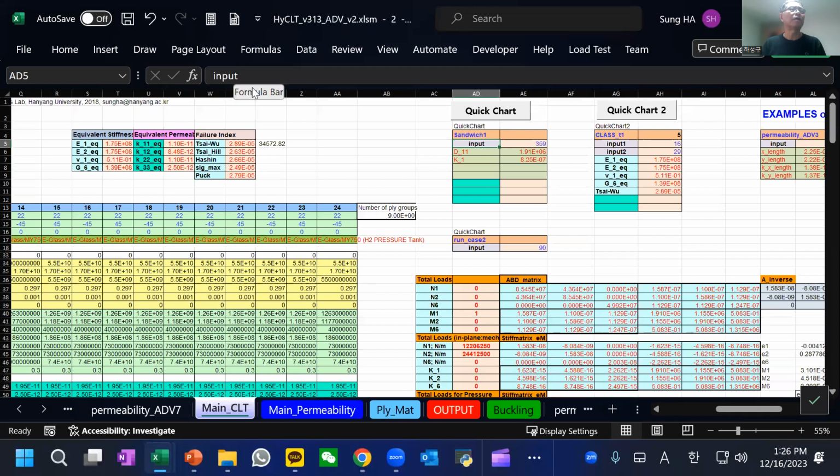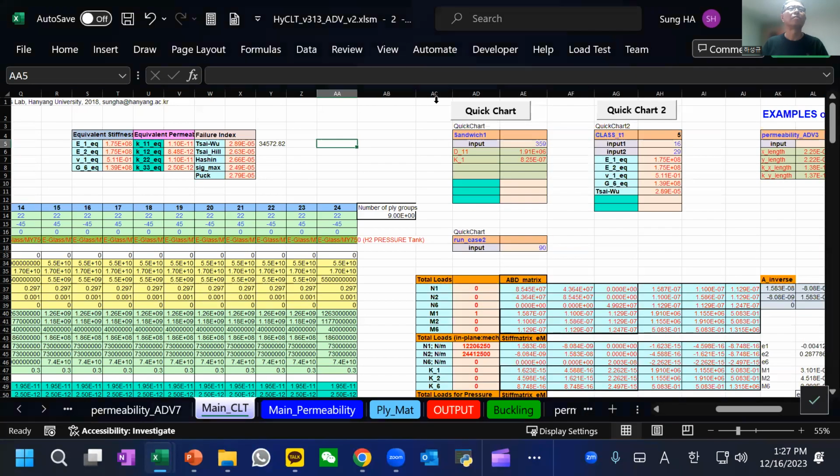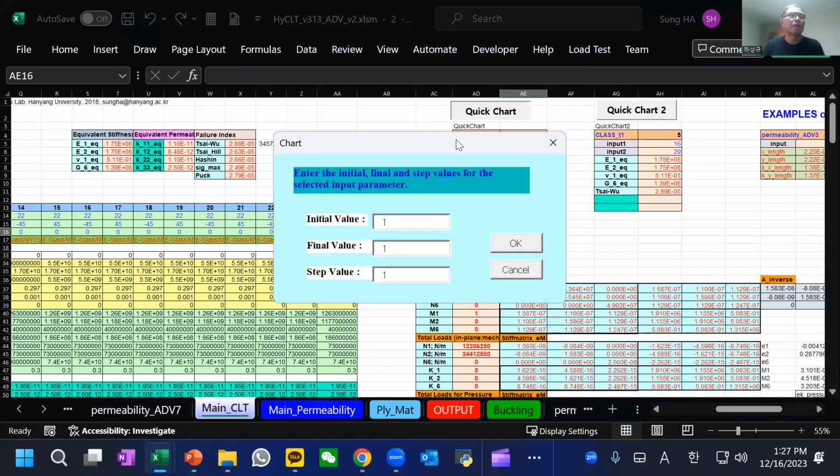The input, in this case, is the core thickness. Okay, this is the core thickness. So let's say we start from 1 millimeter, and then 10 millimeter, and the step value will be 0.5.